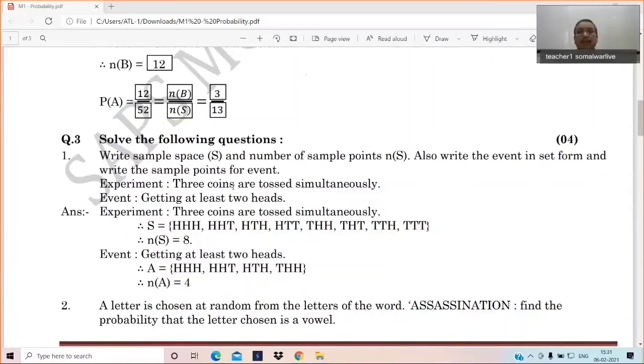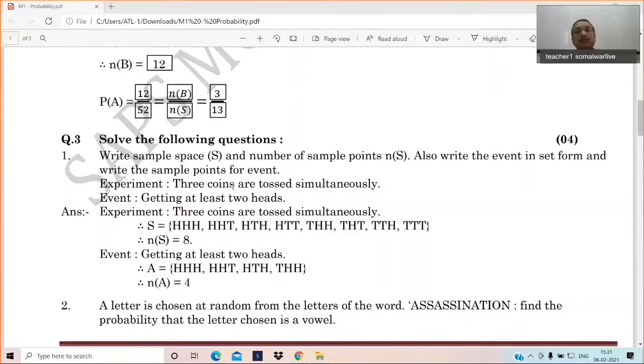It is simple. Experiment given is a random experiment. 3 coins are tossed simultaneously. You know when 3 coins are tossed simultaneously, the possible outcomes are HHH, HHT, HTH, HTT, THH, THT, TTH and TTT. Total outcomes are 8.